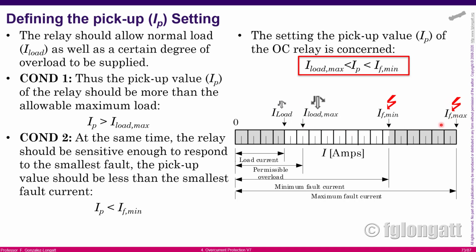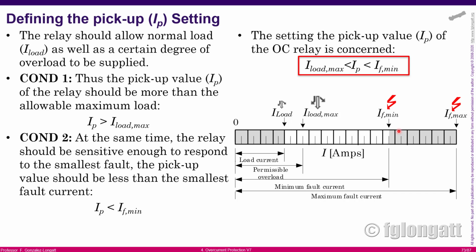But we also don't want the circuit breaker tripping only at maximum short circuit level, because if a low level of short circuit happens, the circuit breaker will not see the fault.